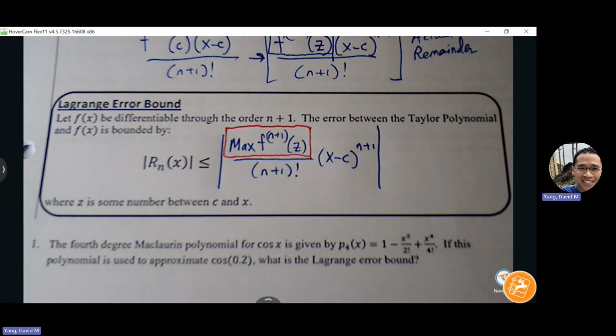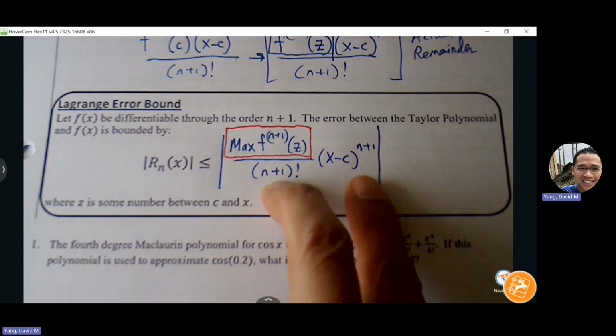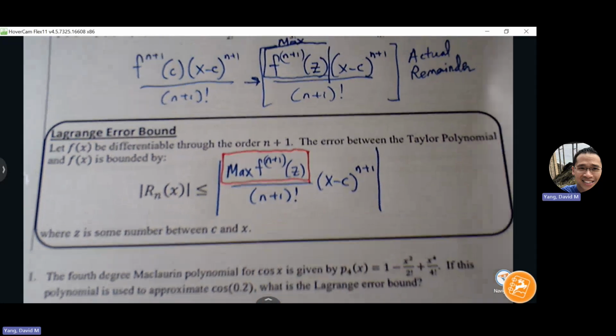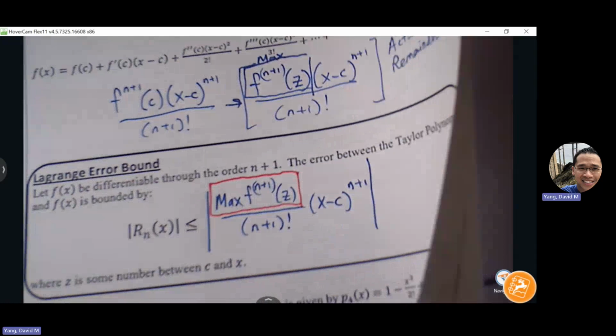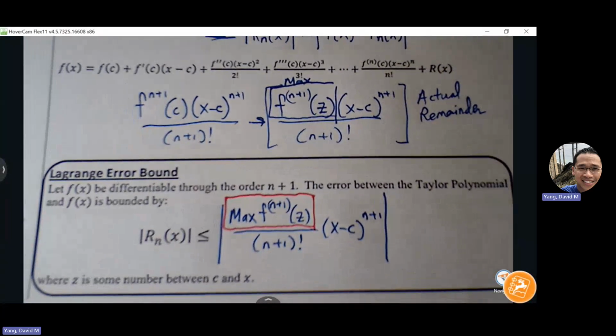Okay, let me go through one example. Or actually, let me do this. On the next page, I have some things defined, and then we can go back and forth between them because it does feel like a lot. So let me point some things out. We can continually reference this as we work through these problems.